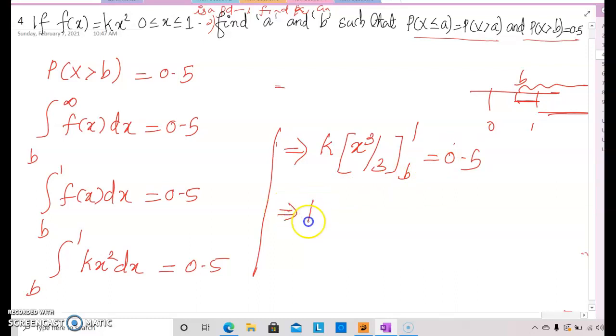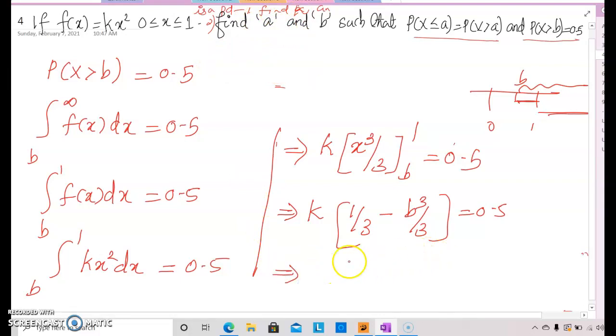That is k into upper limit minus lower limit: 1/3 minus b cube by 3 equals 0.5. The value of k we have already calculated in the previous problem: k equal to 3. Therefore 3 into 1/3 minus b cube by 3 equals 0.5.